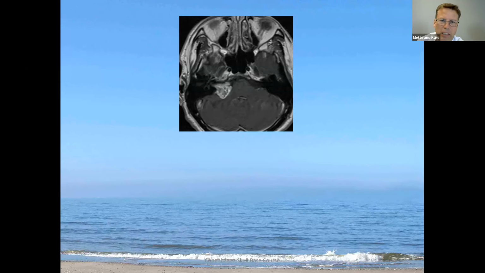Okay, we go ahead. In this situation, there's no doubt that if you have the skills to operate on a vestibular schwannoma, you also have the skills to deal with the situation in the same operation, as you should always do that.